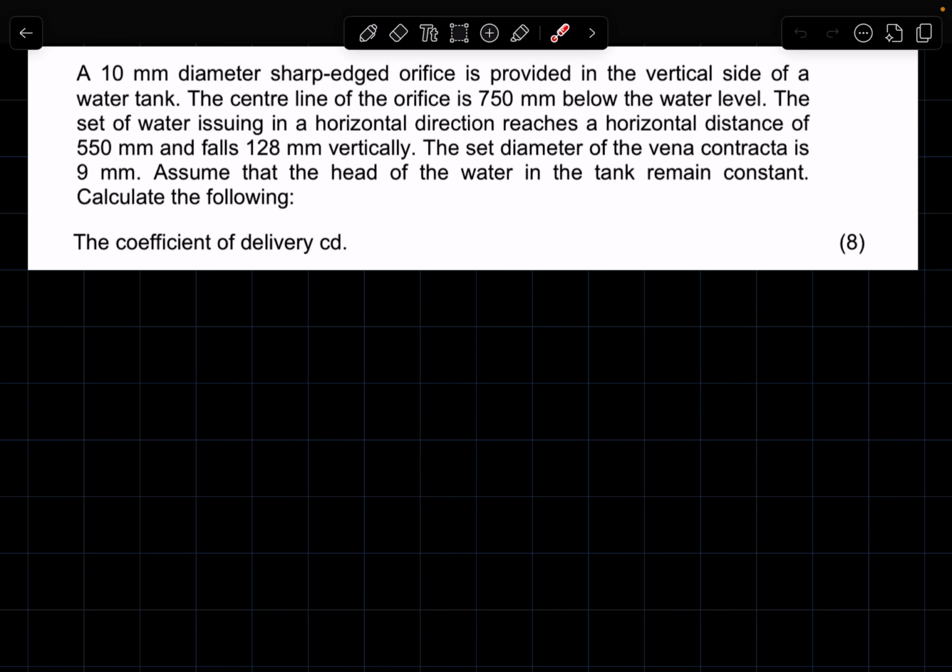And in terms of the area, or diameter, we have theoretical diameter and actual diameter. The actual diameter is the diameter of the vena contracta, the smallest part of the water jet coming out of the orifice, and the theoretical diameter is that of the actual orifice.